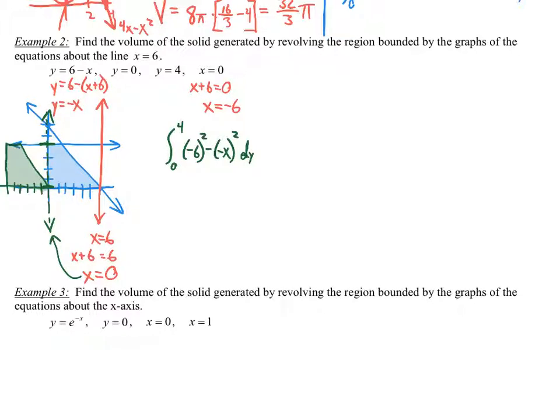And notice what this is going to give me. The inside is going to look kind of like this when I'm all done. However, it's going to be a revolution around vertically.